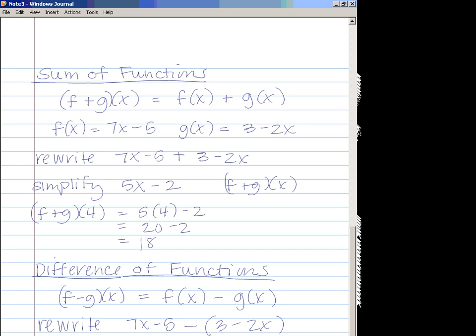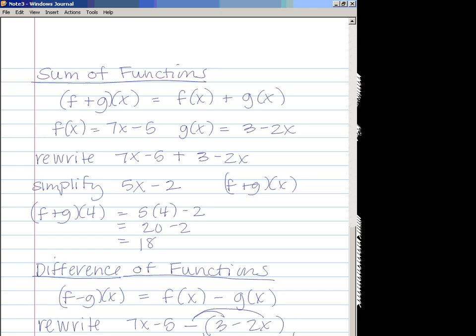Notice that I put my second function in parentheses. This is to remind me that I need to distribute that negative across, because that is one of the most common mistakes that we see. So when we rewrite this, we get 7x minus 5 minus 3 plus 2x.